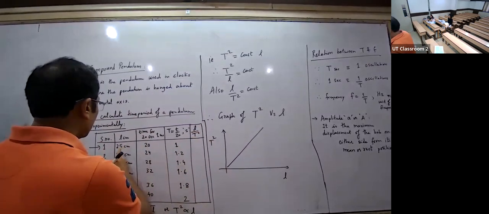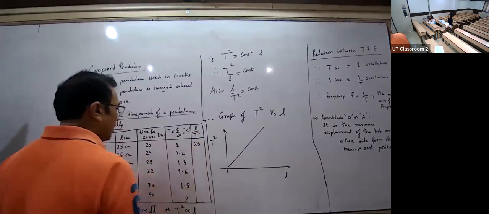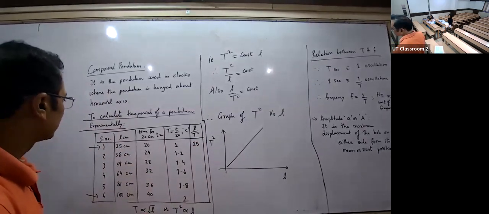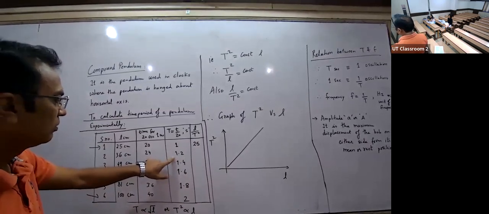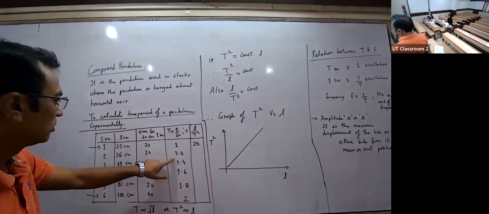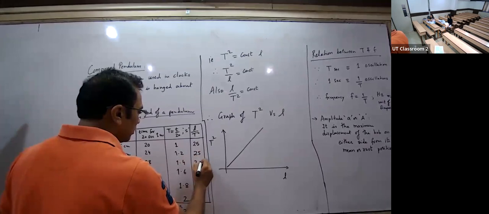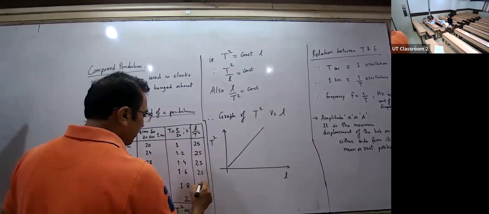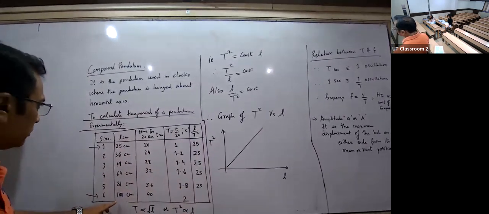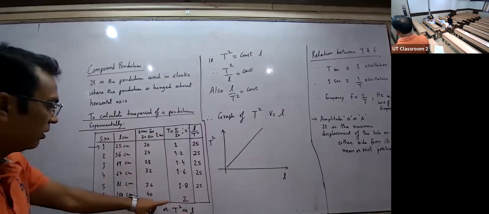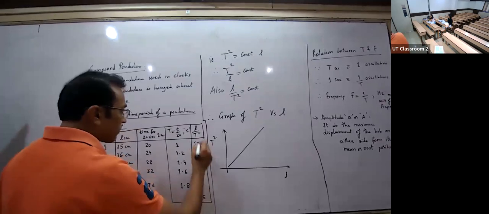L is 25 divided by 1 square. This will be 25. What next? 36 divided by 1.44, right? This also nearly comes to be 25. You can verify this. All these values will be 25. Here, L by 2 square, 4. That will be 25. Okay?